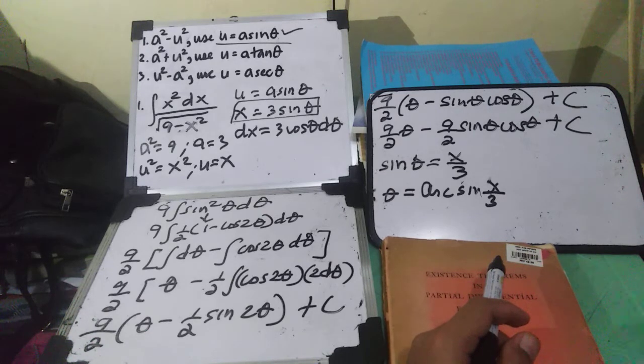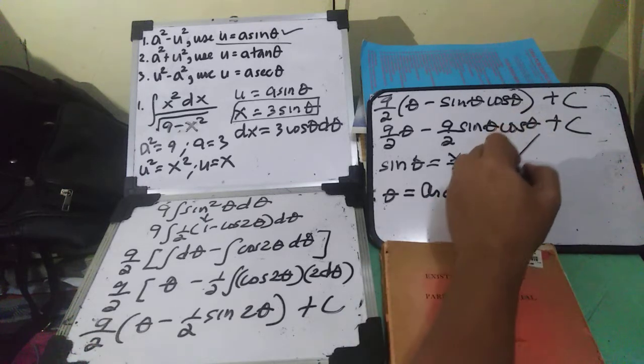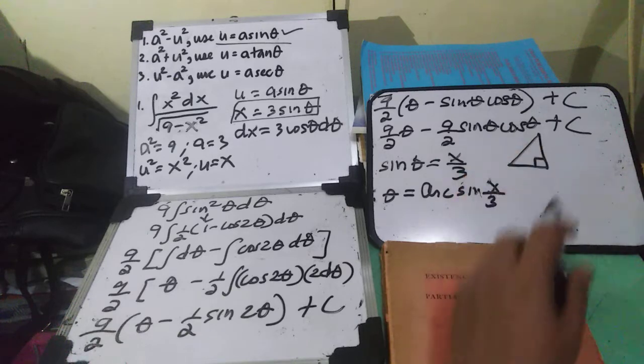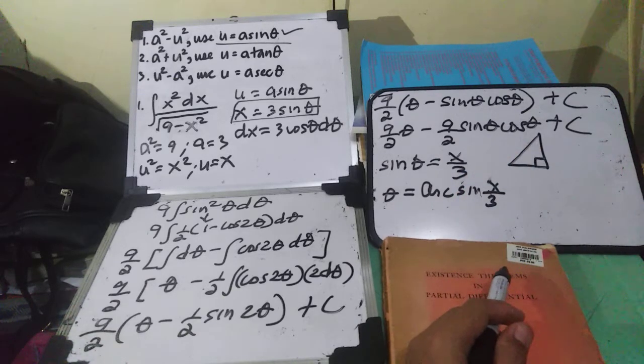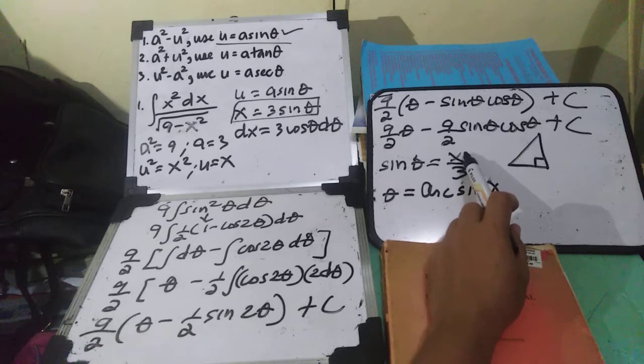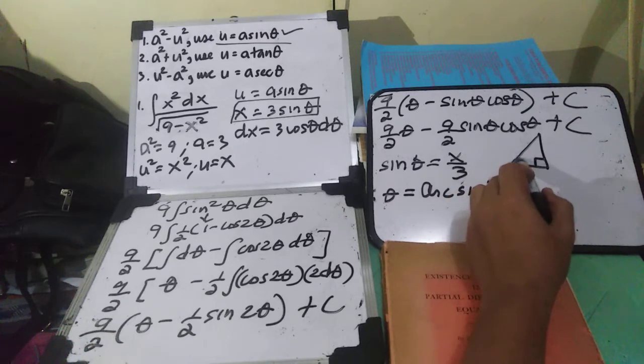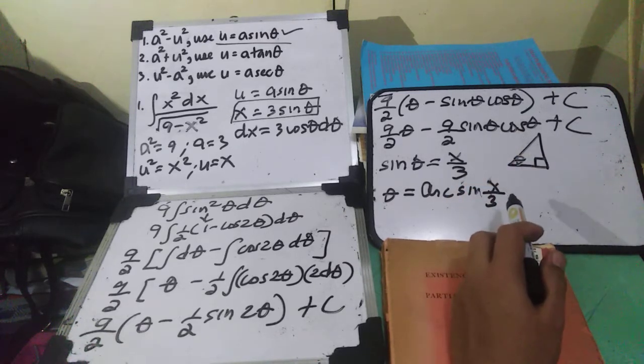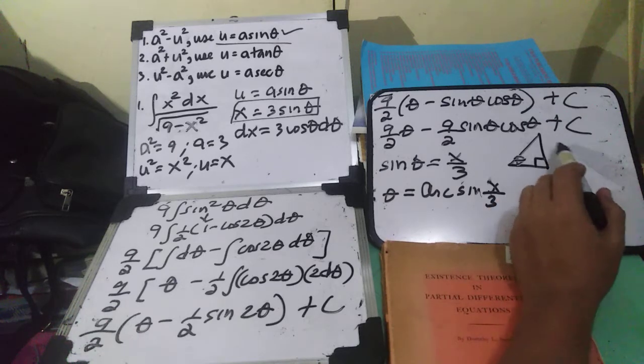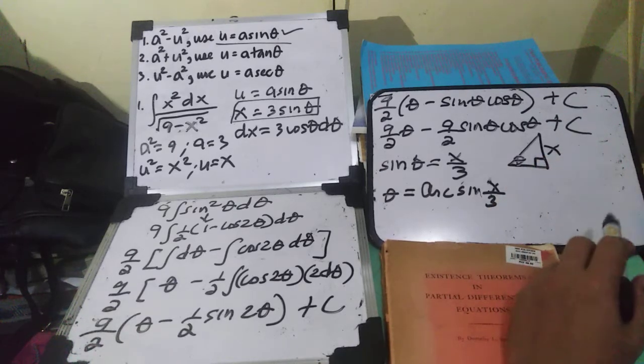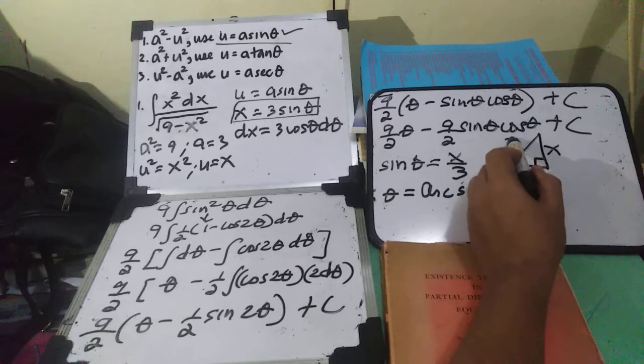How about the value of cosine theta? Now, using a right triangle, we all know that the function sine theta is equal to the opposite side over the hypotenuse. In this case, the opposite side is x. So meaning, if this is the acute angle, the opposite is x and the hypotenuse is 3.